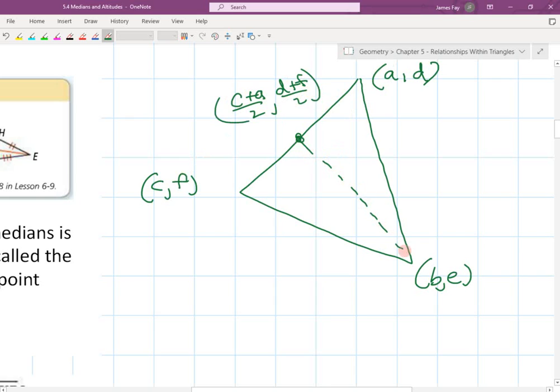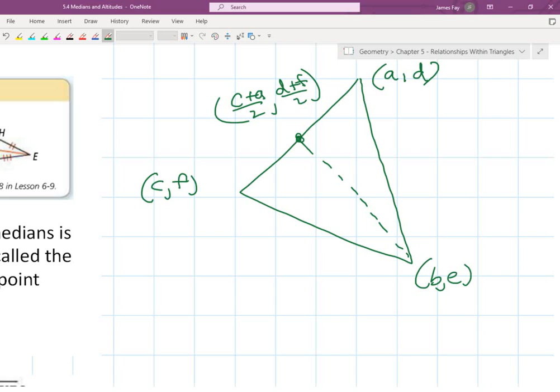If I want to find that median right there, I could find the slope by taking the y's, which would be E and D plus F over 2, and subtract them. And then take the x's of B and C plus A divided by 2, subtract those. Make all that one nice, convenient looking fraction. Combine my terms, common denominators, it'd be real messy algebra.